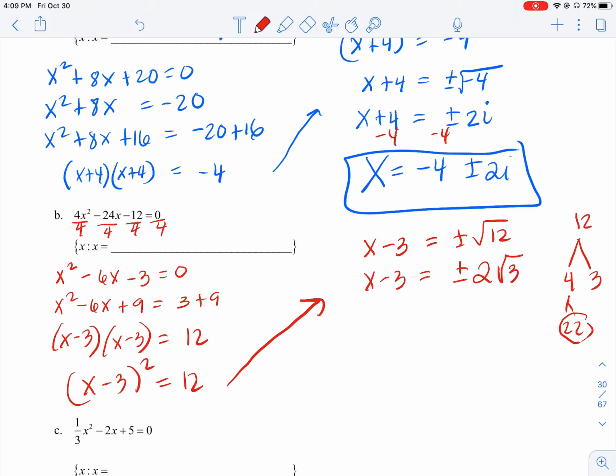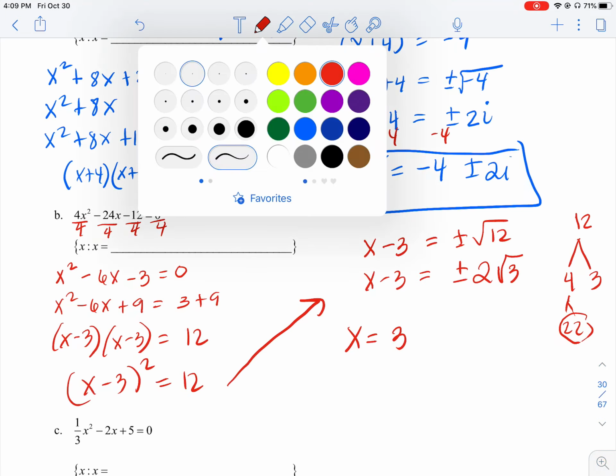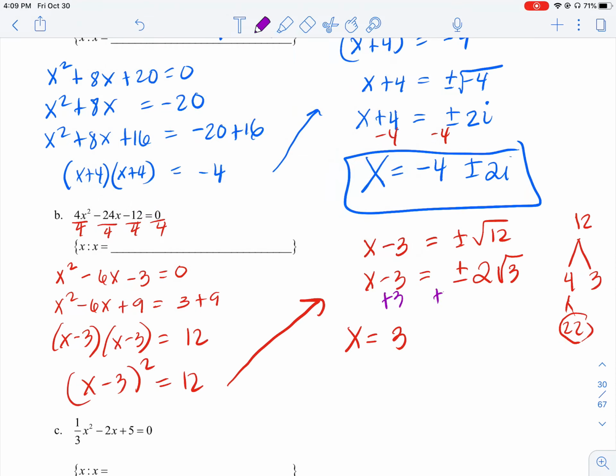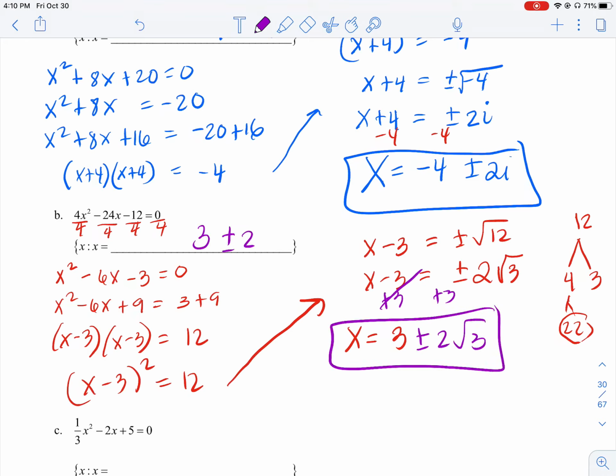And this is not a square root of a negative 12, so there is no i involved in our final answer. So final answer would be, add 3 on both sides. So you have 3 plus or minus 2 square root of 3. Okay, that makes sense? Easy?